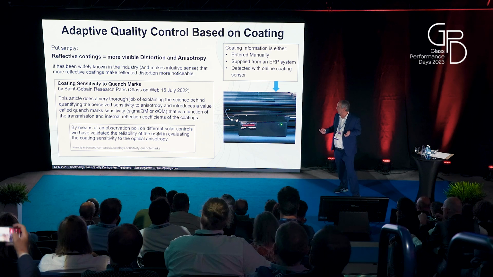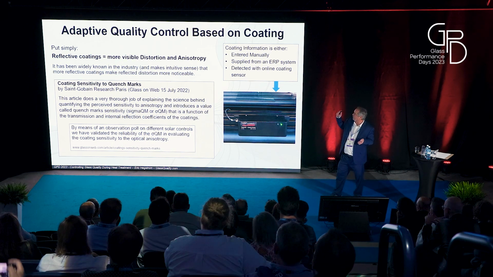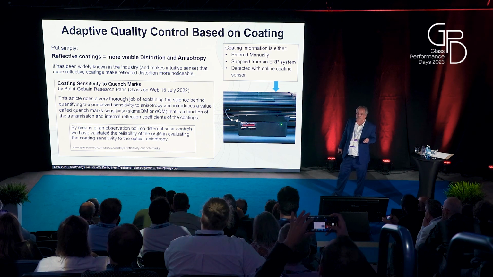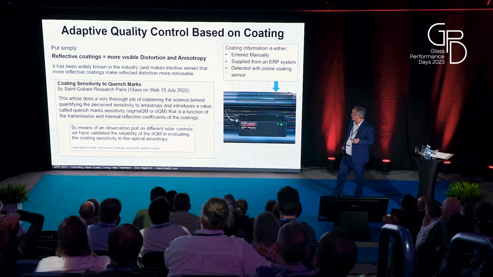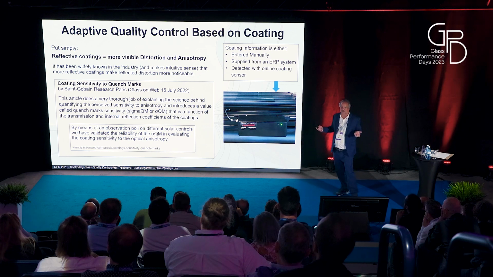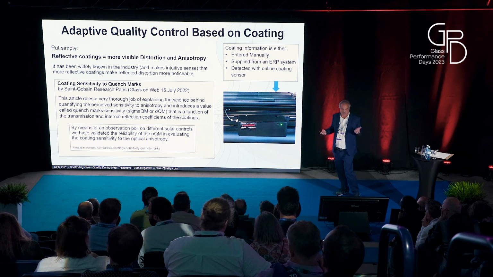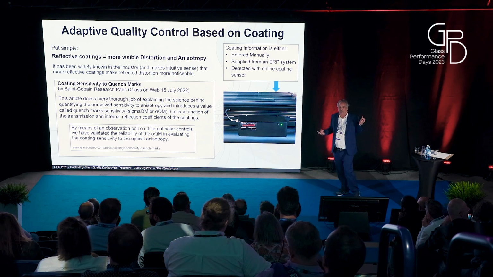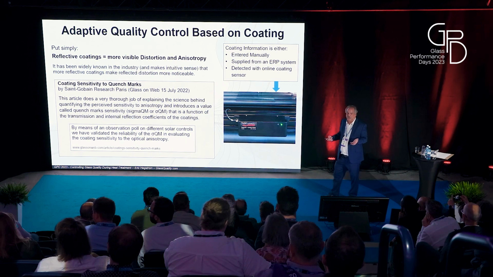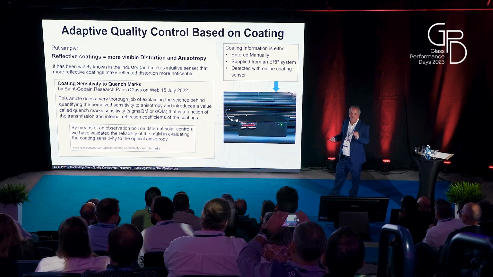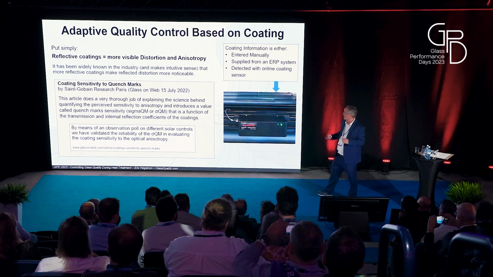Let's talk about this. Put simply, reflective coatings have more visible distortion and anisotropy. It's been widely known in the industry, and it makes intuitive sense that reflective distortion will be more visible on a highly reflective part. So when you're tempering a highly reflective part, you're going to want to control distortion to a lower level.